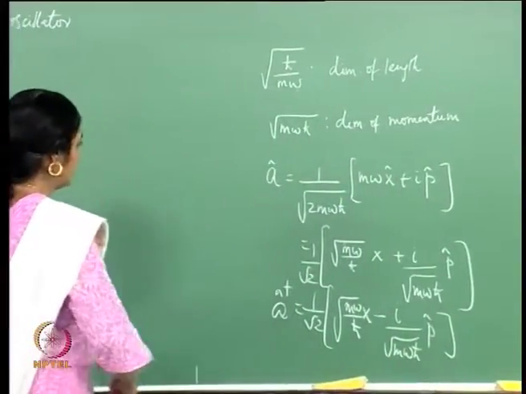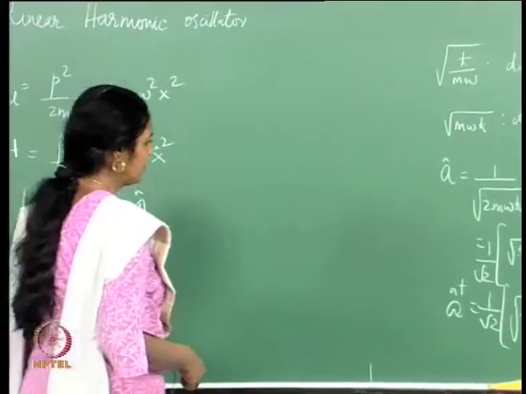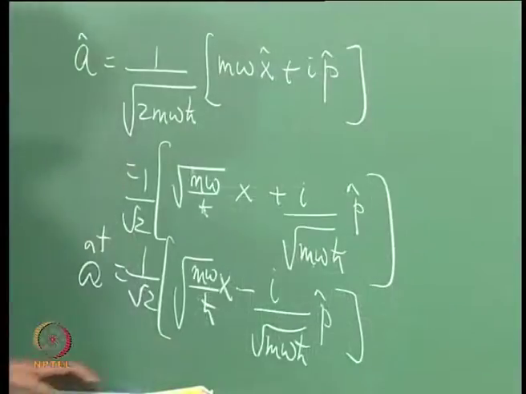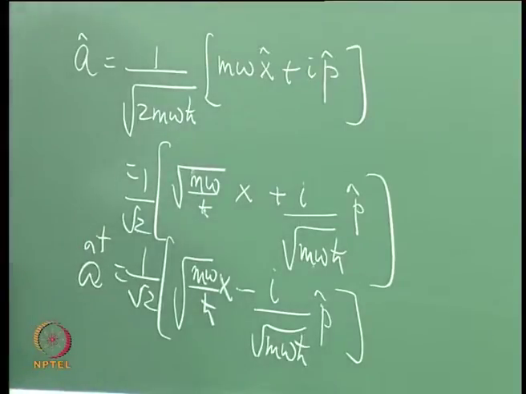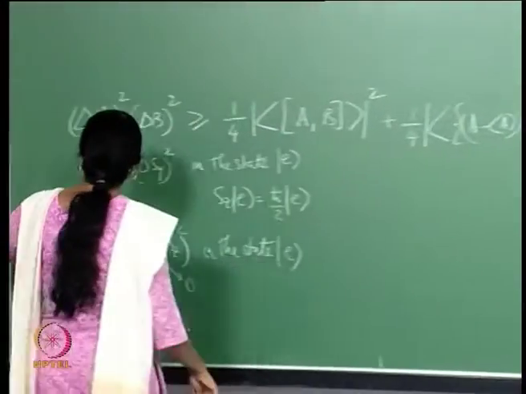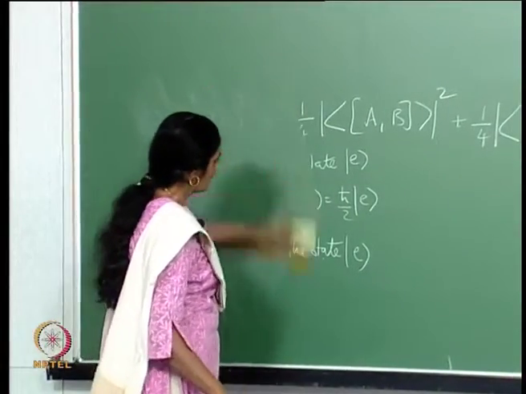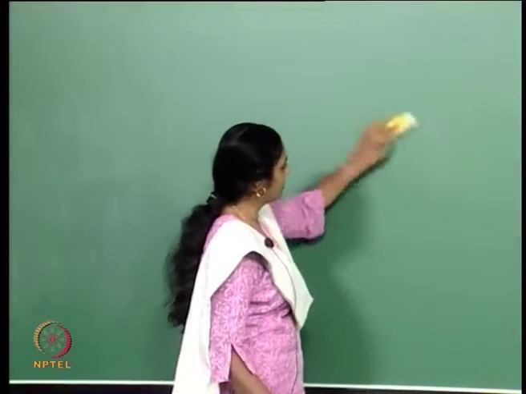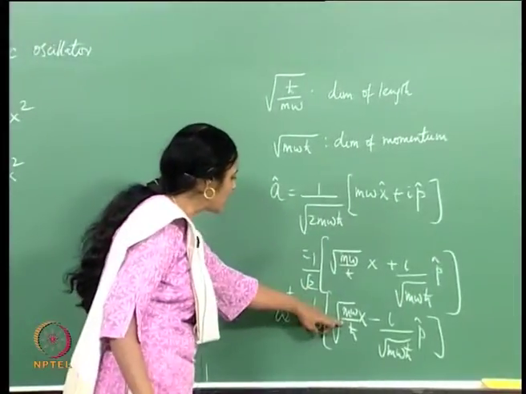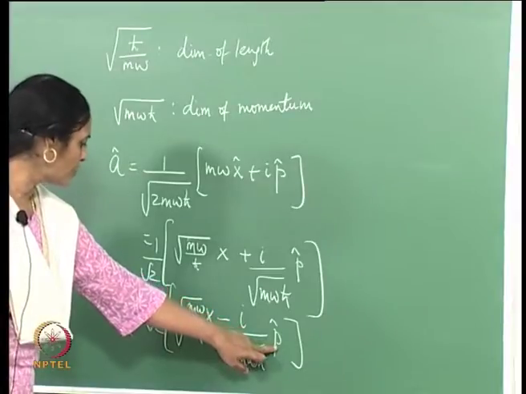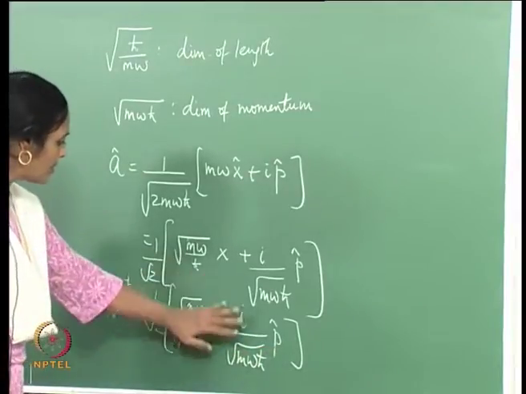So, this is what I have. Now, you can find the commutator of A with A dagger, and that is simply 1, using the fact that the xp commutator is i h cross times identity. The commutator of x with x is 0. The commutator of x with p is i h cross. You can pull out all these constants.